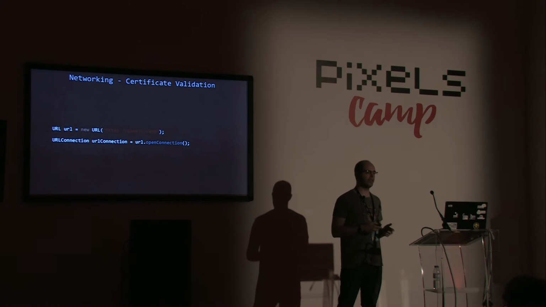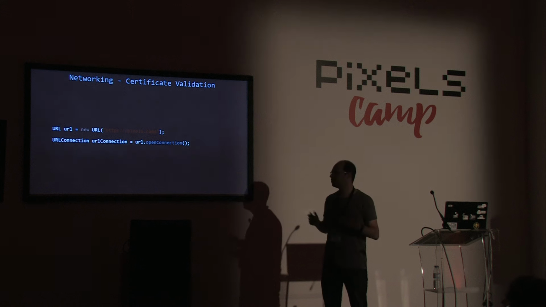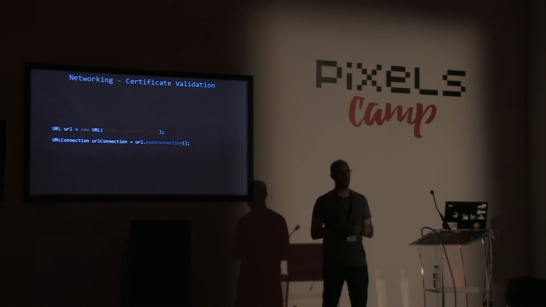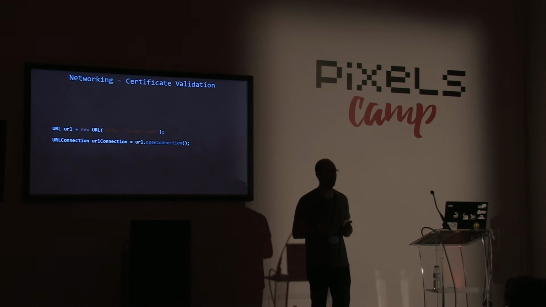This is usually the normal object that we use to communicate with the server, URL connection. In this case, I get a gig to develop an application for PixelScamp. This certificate is completely legit, everything is okay, and everything is validated.